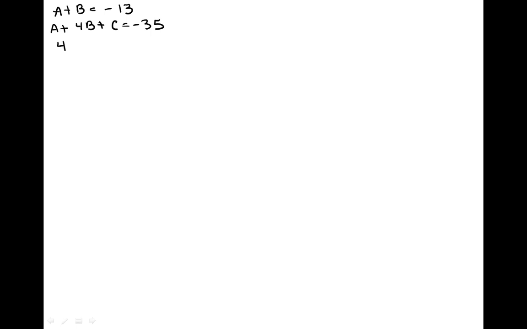And we had 4c plus 3a equals negative 37. All right, looking at this first equation right here, a plus b equals negative 13. Let's solve for b. So that means that b will equal negative 13 minus a. And I'm just going to plug that into this equation right here.